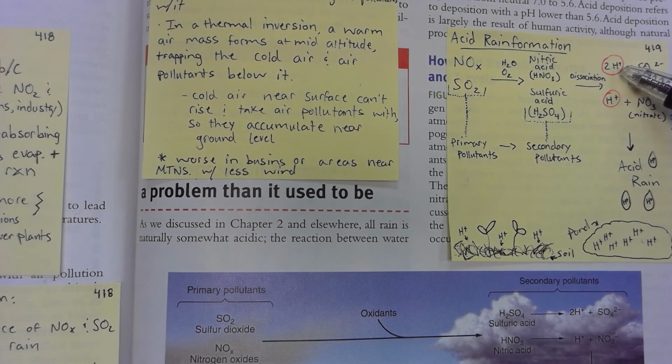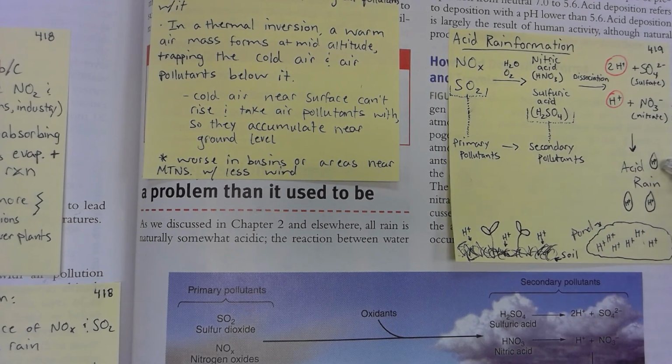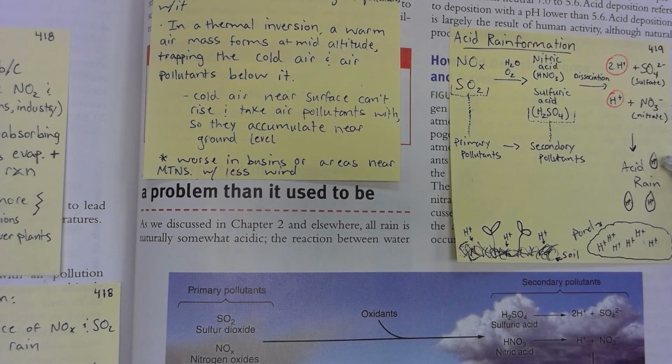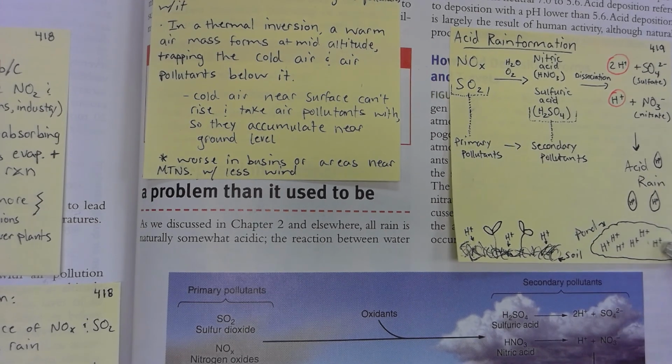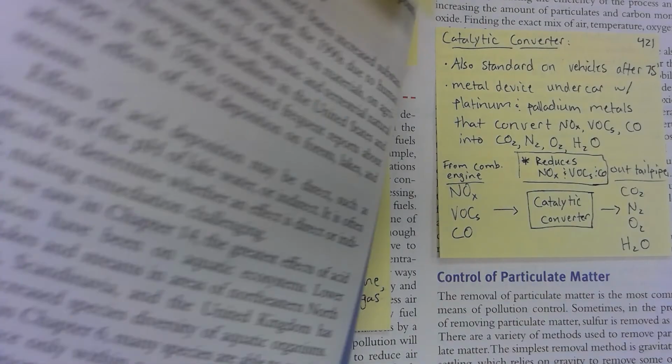These hydrogen ions that dissociate from nitric acid and sulfuric acid get trapped into water droplets and fall down into aquatic or terrestrial habitats. That's how we actually get a decrease in the pH or an increase in the acidity of these habitats. So now we'll talk about what those environmental effects are.